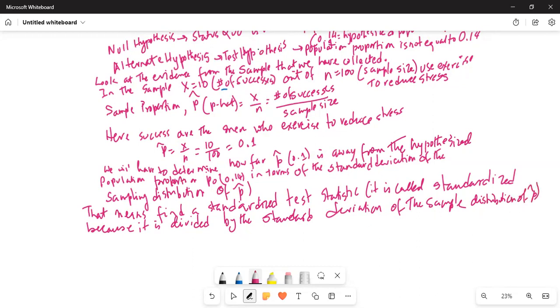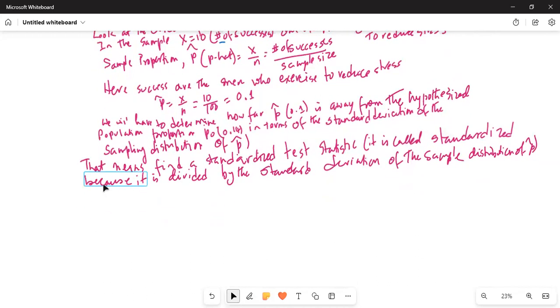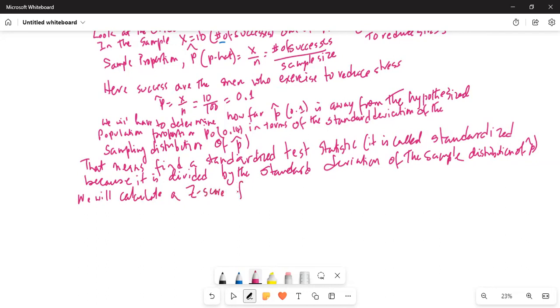Here we have to remember that we will calculate a z-score for the P hat from our sample.